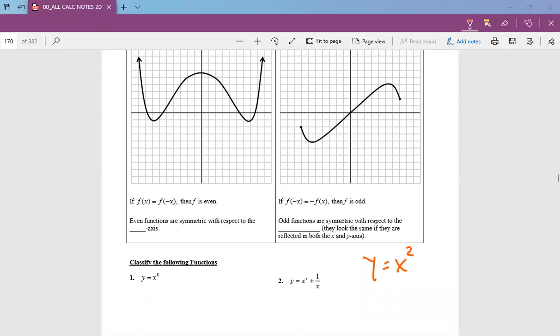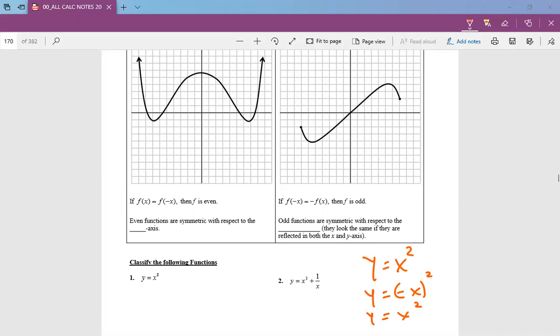When we plug in negative x, when we do a horizontal reflection across the y-axis, this is just going to be equal to itself, because across the y-axis we have that horizontal symmetry.